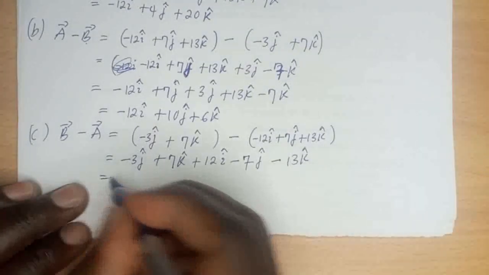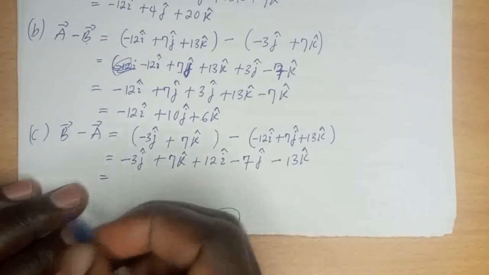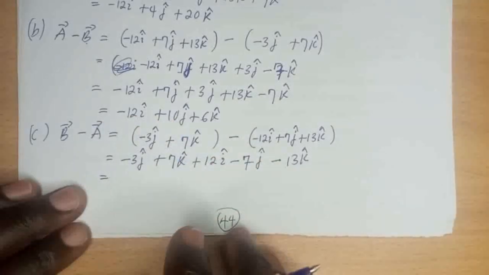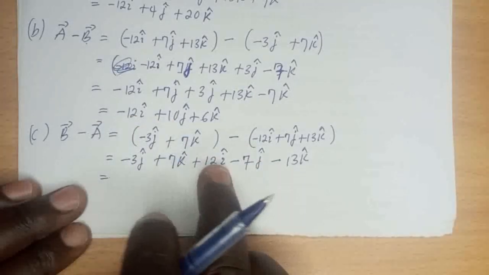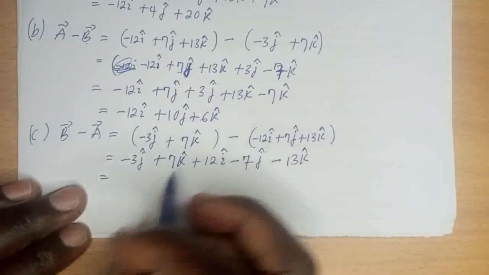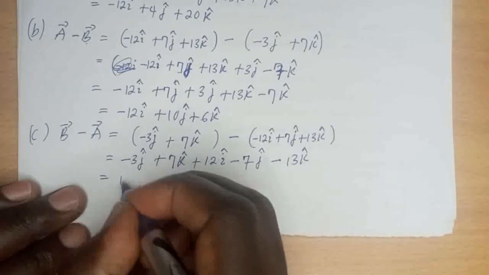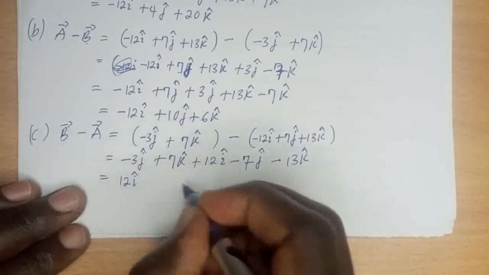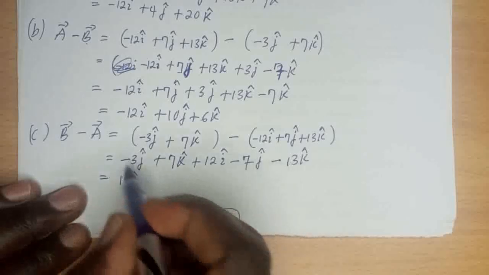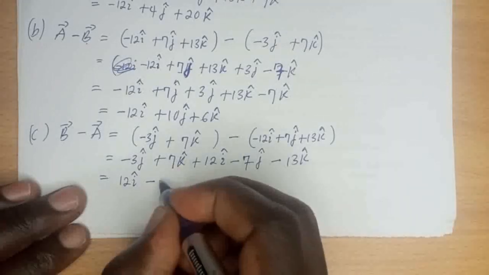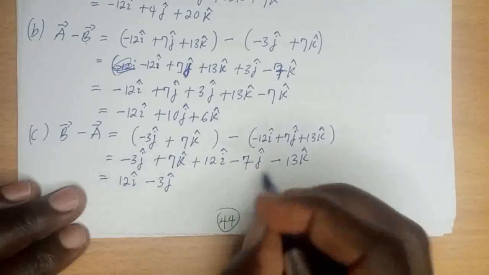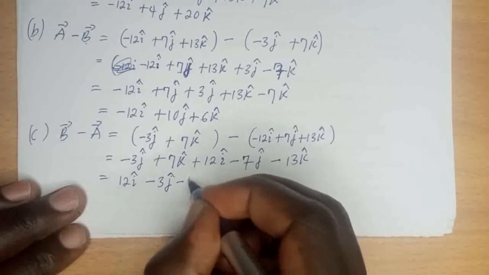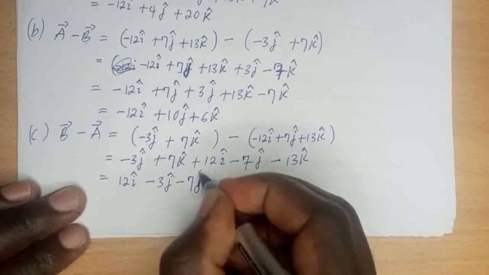This is equal to, again we will group the like terms, and customarily we will start with the i cap term. Look at it here, and it is positive here, so we have 12 i cap. Then terms in j cap, I have minus 3 j cap here, and then minus 7 j cap.